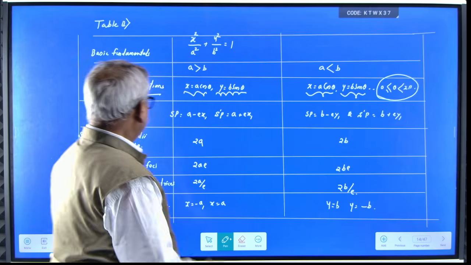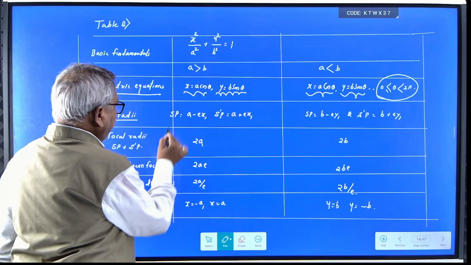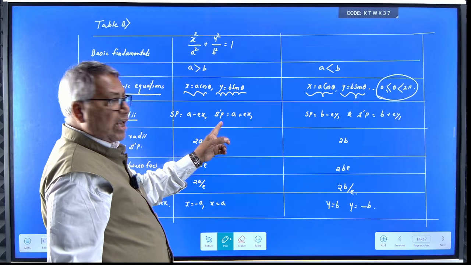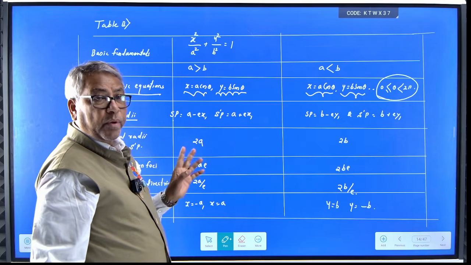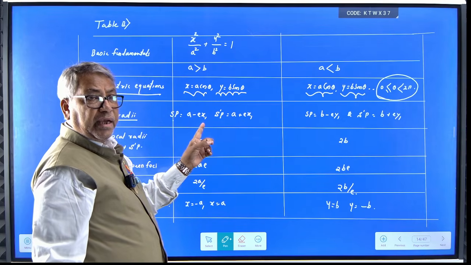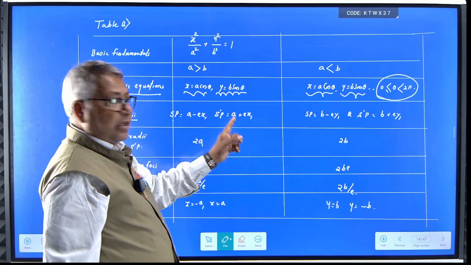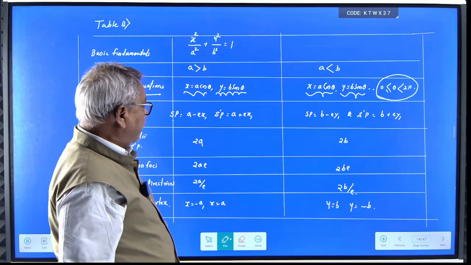So those are the focal radii. SP is equal to a minus e x1 and S dash P is equal to a plus e x1, that is, a minus e into the x coordinate of the point and a plus e into the x coordinate of the point.